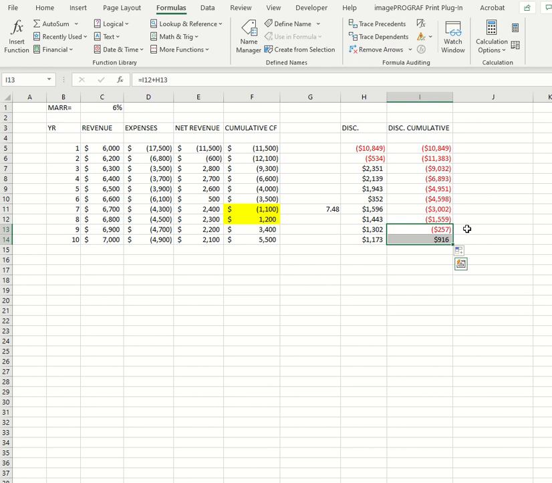So we're going to use the same formula that we did over here to find the discounted payback period. And hopefully I'll put it in the right one this time.